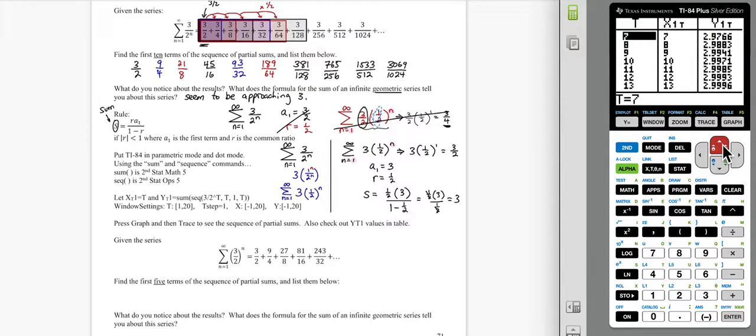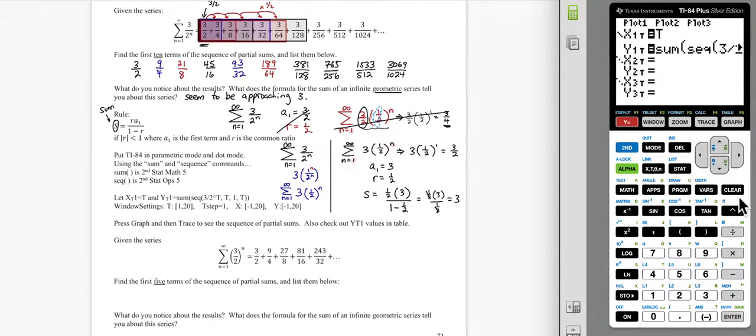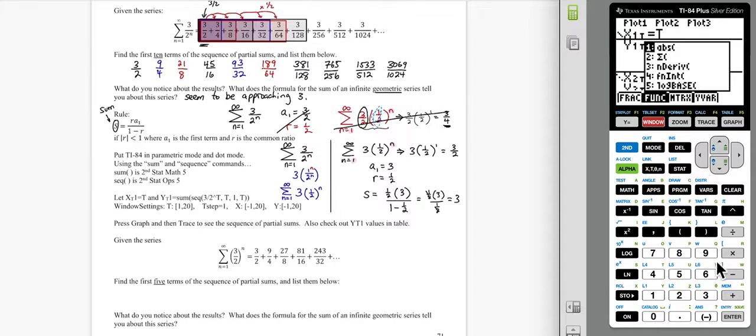All right, so let's take a look at another example, but this time let's not do it all out by hand in terribly painstaking fashion. I'm going to use the shortcut alpha window summation option 2, t going from 1 to, we can't put infinity, so we're going to go from 1 to t, and we're going to let t continue to increase as far as the calculator will let it.